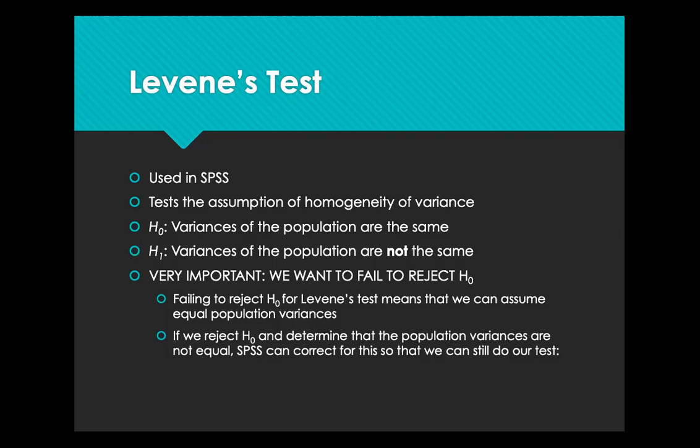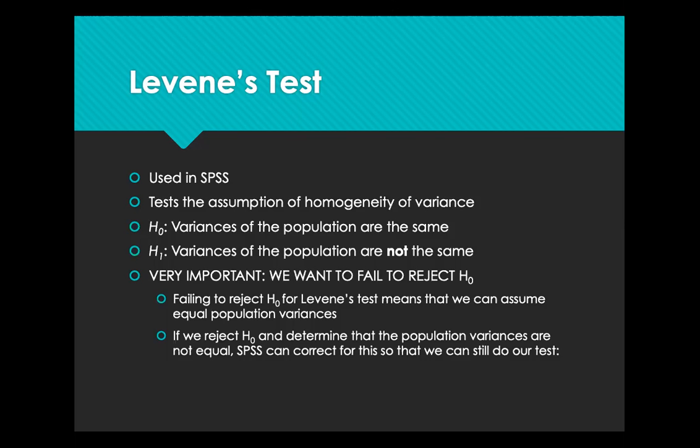In the case of Levene's test, we want to fail to reject the null hypothesis, right? We're kind of hoping that the variances are the same. It's an assumption of independent samples t-testing. So if they are the same, in this case, that's a good thing. Failing to reject the null for Levene's test means that we can assume equal population variances.